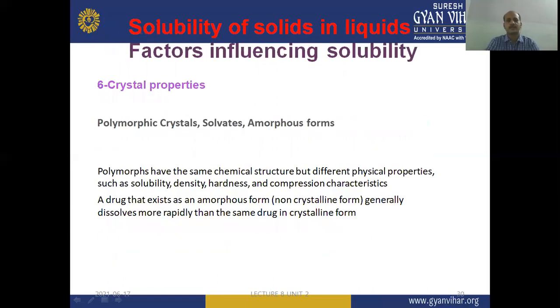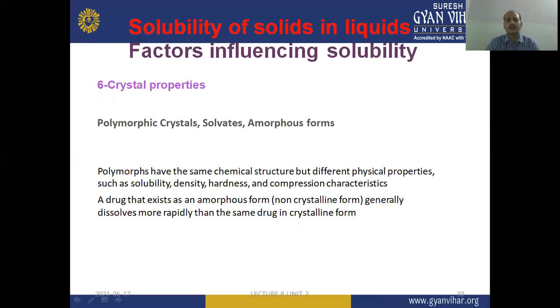Now the next property is the crystal properties. Crystal properties also affect the solubility of a particular compound. They may be polymorphic crystals, solvates or amorphous forms. Polymorphs, as we know, have the same chemical structure but different physical properties such as solubility, density, hardness, and compression characteristics.